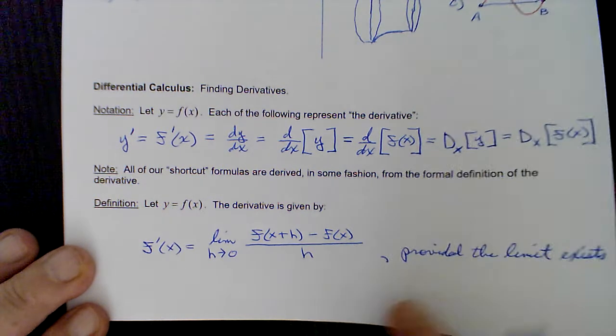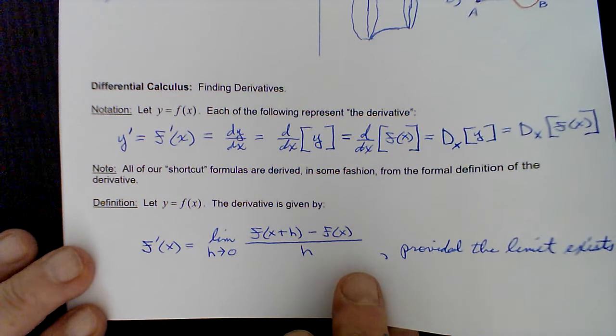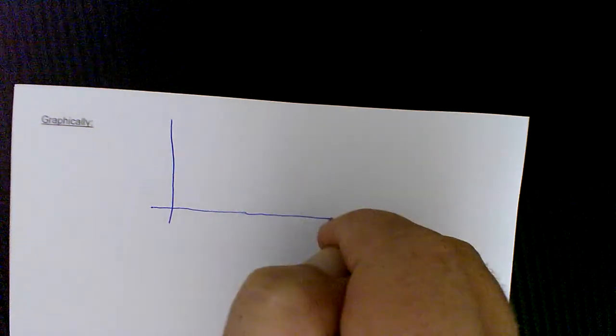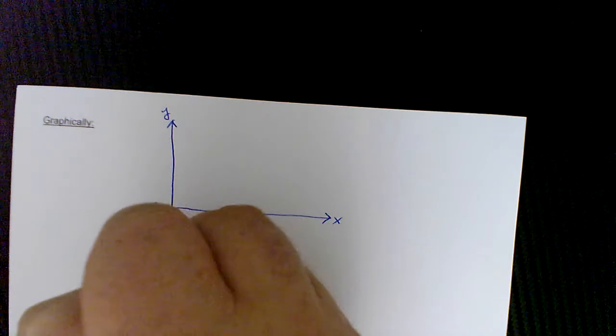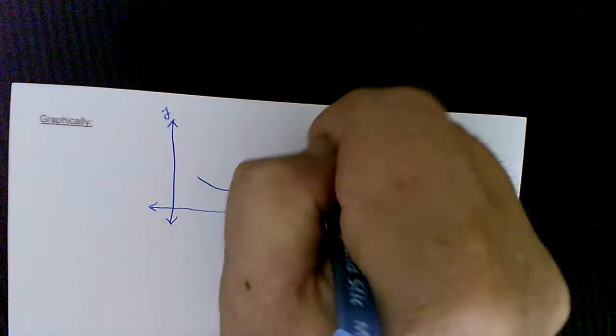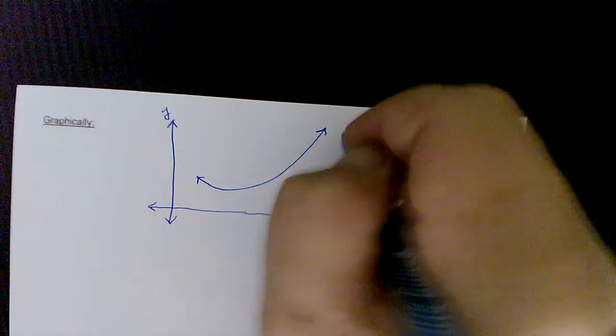Okay, so I want to show the development of this formula, although you should have seen it back in Calculus 1. I'd like to show what it means graphically so you can understand why we say the derivative is the slope of a tangent line. So graphically, if you think of a function once again in the Cartesian system, and so I'm going to call this my function just like I did earlier.